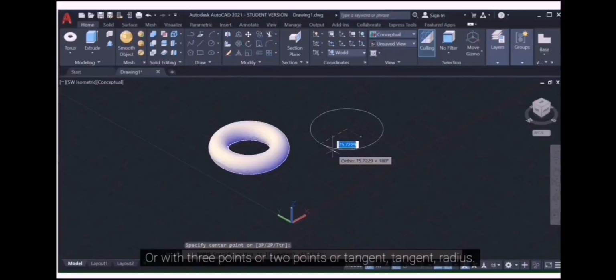Or with 3 points, or 2 points, or tangent radius, diameter.